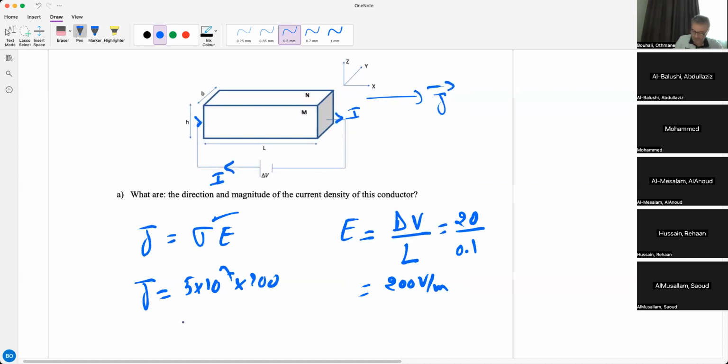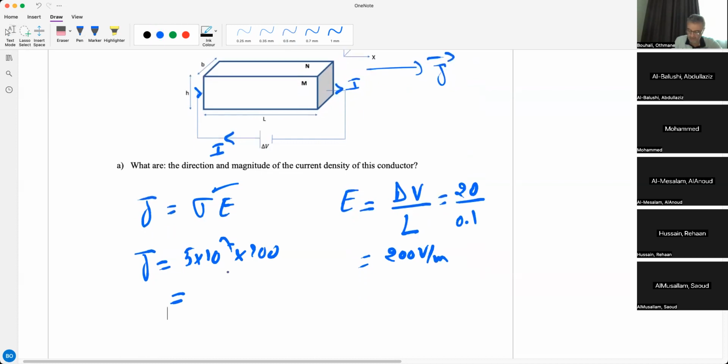So this will give you 5 × 10⁹. What is the unit? Yeah, so the unit is meter. Okay, so this is the question about the current density.